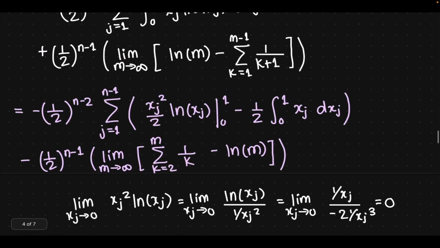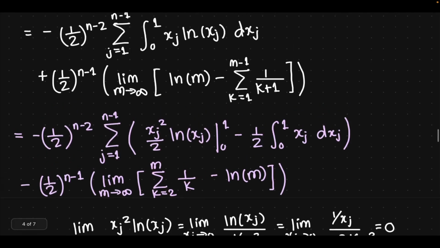And in the other term, we can just reindex. So you see there's a k plus 1, we can reindex to get a k in the denominator, but that means we have to start the sum from 2 and end at m. Nothing else. And we have also pulled out a minus sign, which comes out like this, minus 1/2 to the n minus 1.